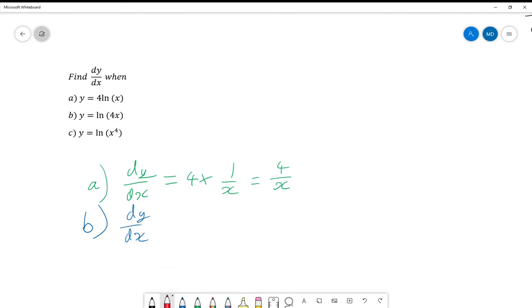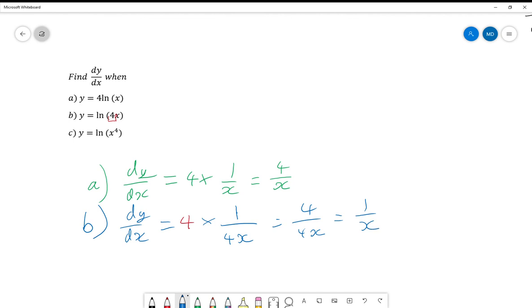So it's going to be 4 times by the derivative of this, which is 1 over 4x. But that's going to be equal to 4 over 4x, which is actually still just equal to 1 over x.